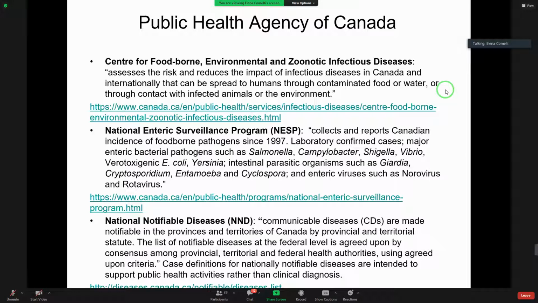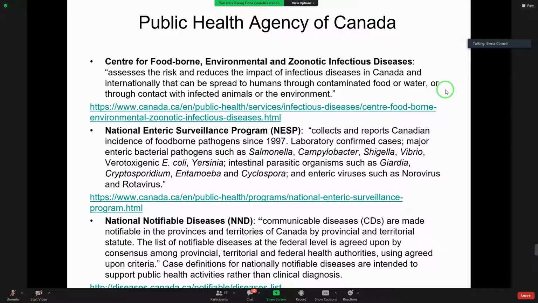For example, in Canada, we have the Center for Foodborne, Environmental, and Zoonotic Infectious Diseases, the National Enteric Surveillance Program, and the National Notifiable Diseases Databases. For those who are interested, I put the website here. They work together. Some data that they collect overlap, but not necessarily, right?